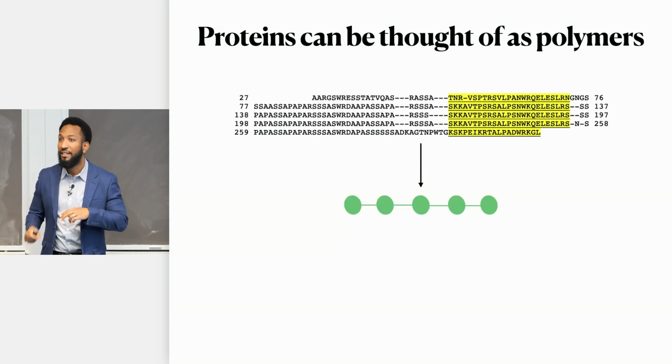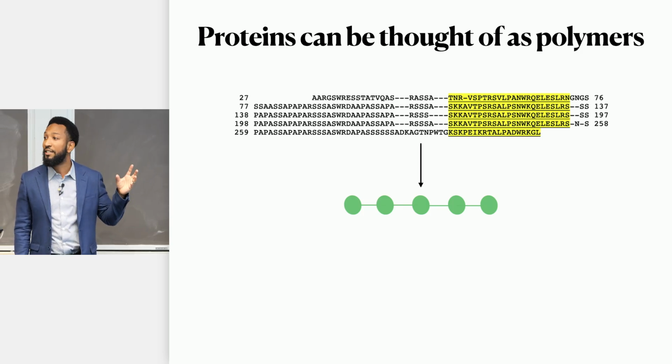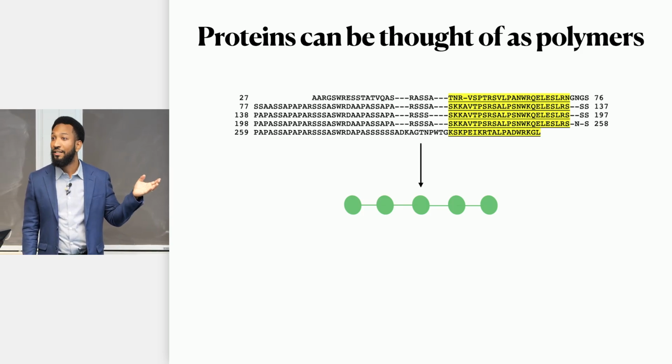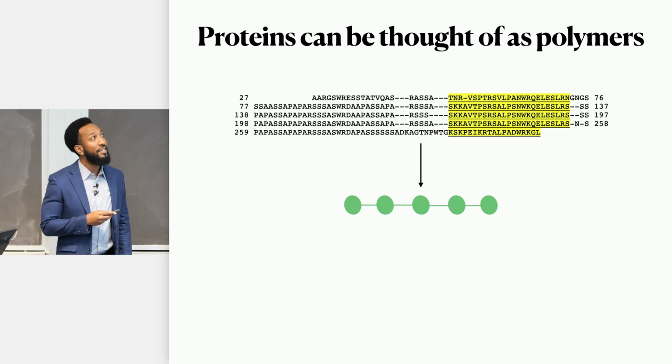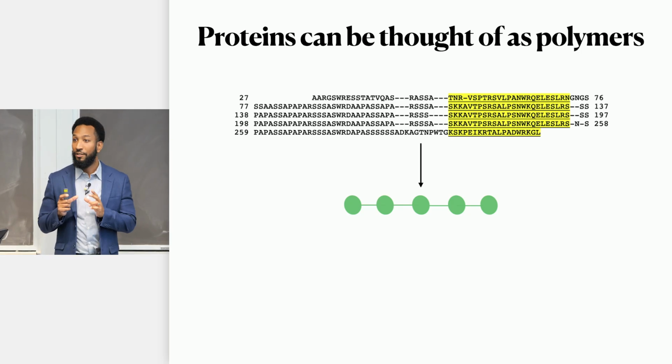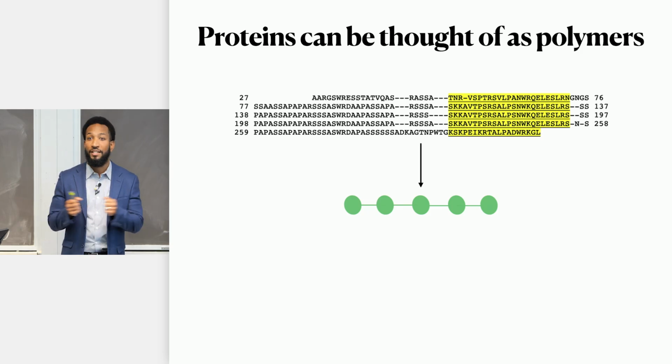This is a condensate, or liquid-like droplet, found in algae all around the world. I'll introduce this a little more, but this protein forms liquid-like droplets in algae, these yellow regions are the sticker regions, and the unfolded or disordered regions form the so-called linkers that connect these stickers.